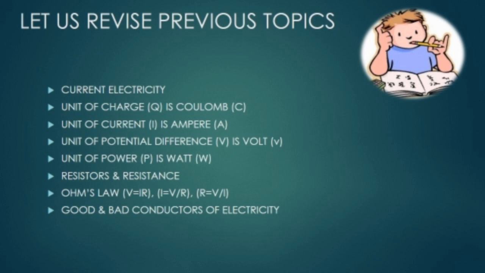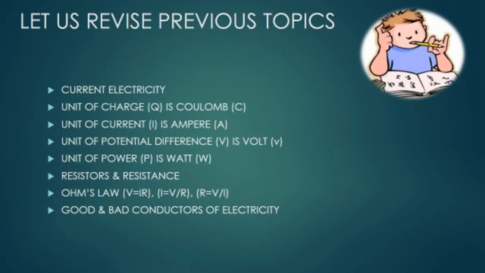The potential difference is denoted by the letter V, voltage if you remember, and its unit is volt, that is V. We have studied that the potential difference always flows from the higher potential to the lower potential.